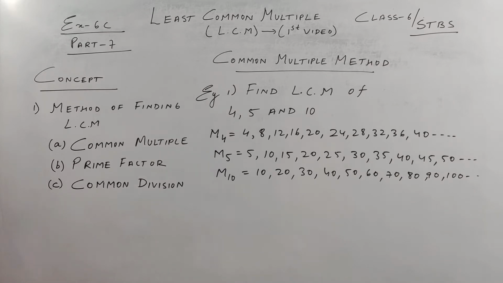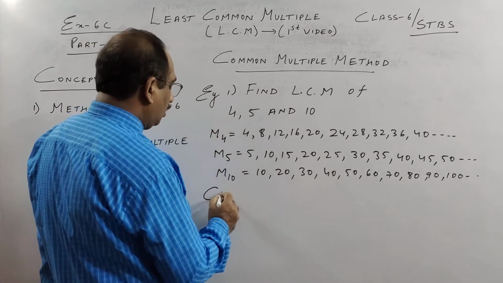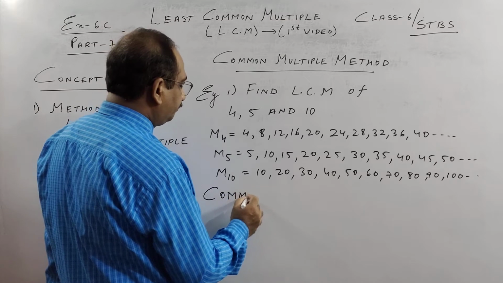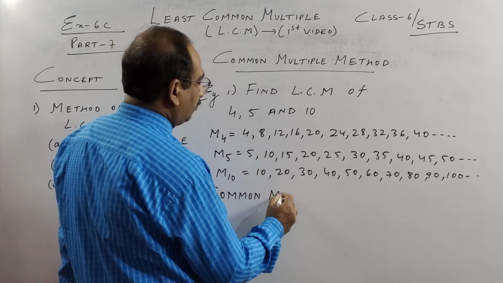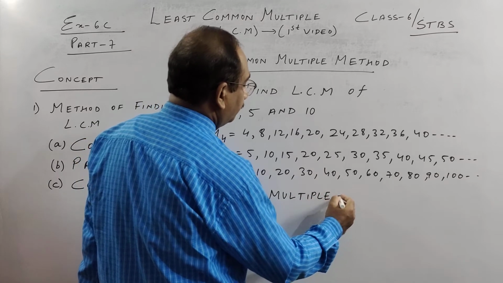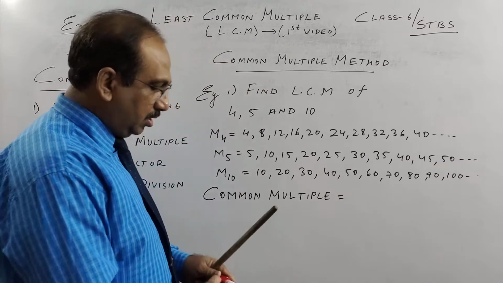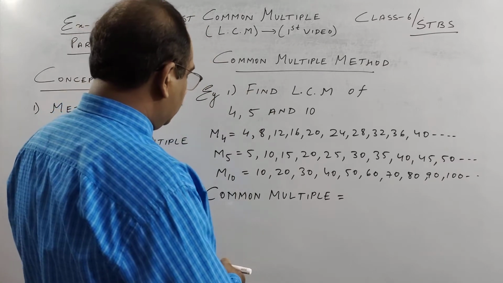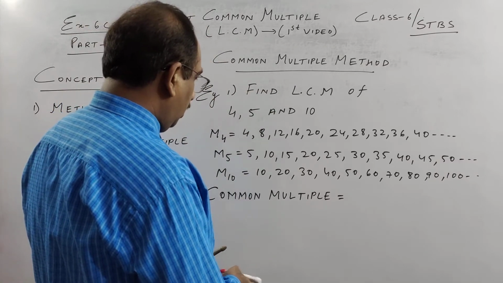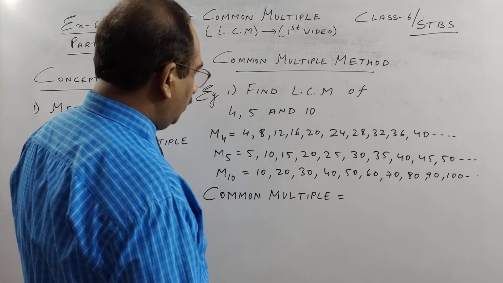So here we go and find what are the common multiples. We have found the multiples. What are common multiples? If you see, children, I'll take a red pen over here. You will see what is the common multiple here.